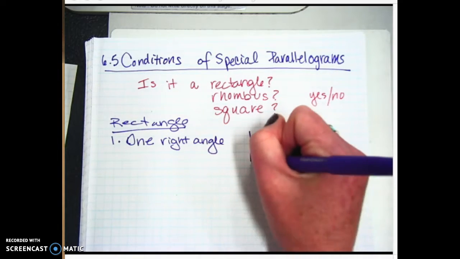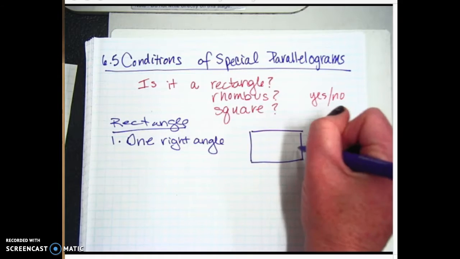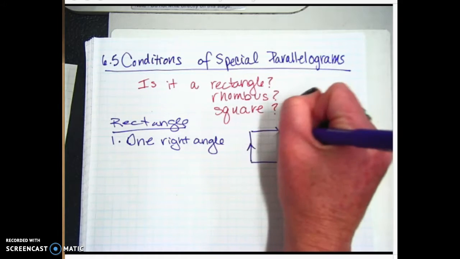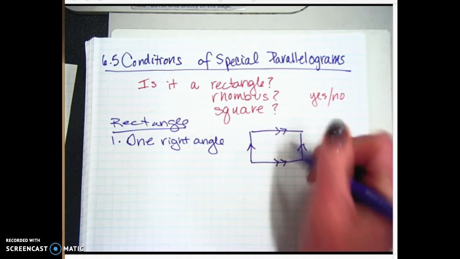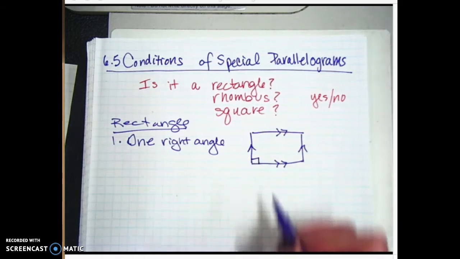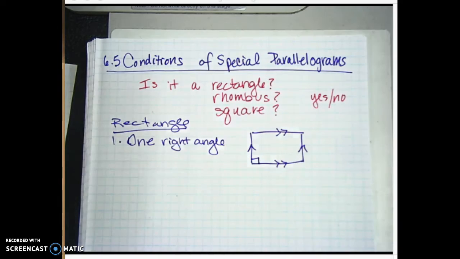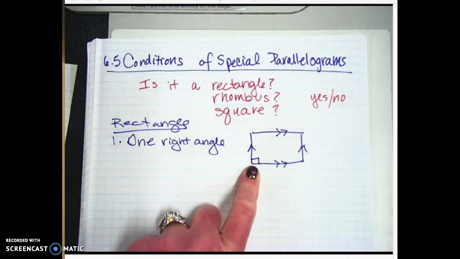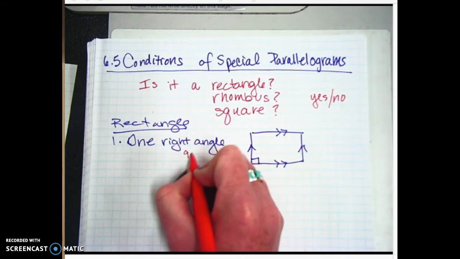So if you have a figure where opposite sides are parallel, making it a parallelogram, you've got to have either a box drawn, or they're going to tell you it's a right angle, or they're going to tell you it's how many degrees? 90. So right angles are 90 degrees, not 180.